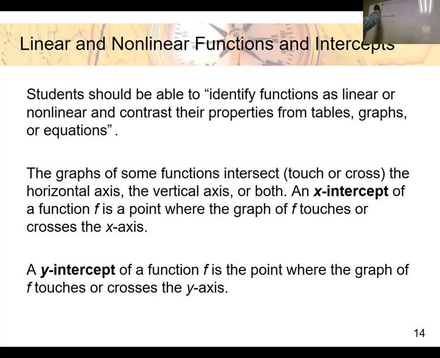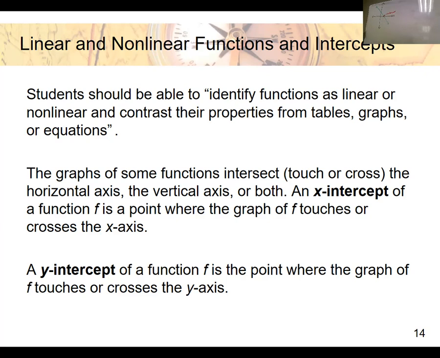Let's say I had a graph that looks like this, and this is the one that's in green. So the x-intercept is going to be that point where this graph crosses the x-axis. So this represents my x-intercept.